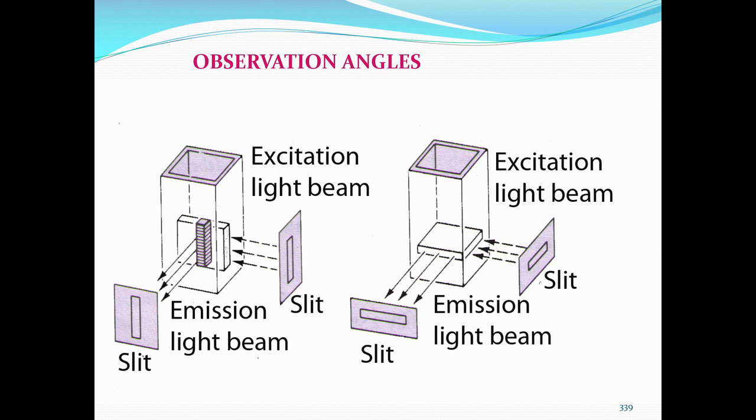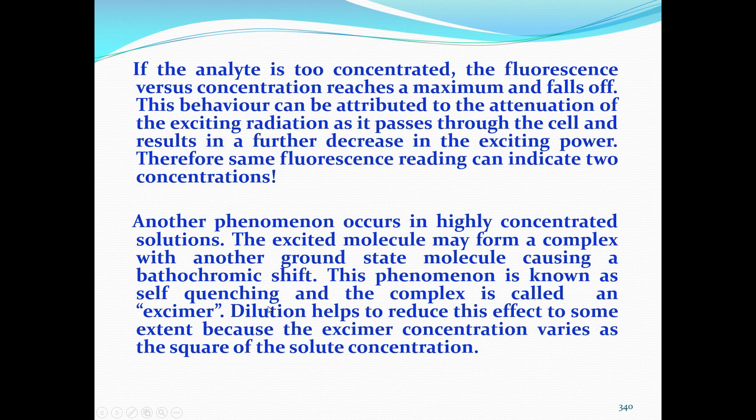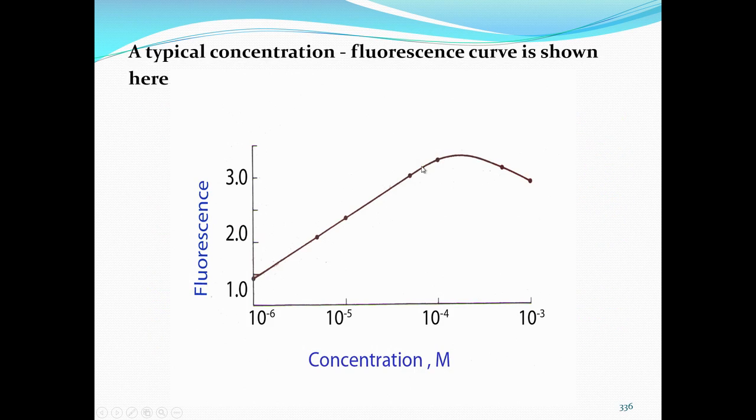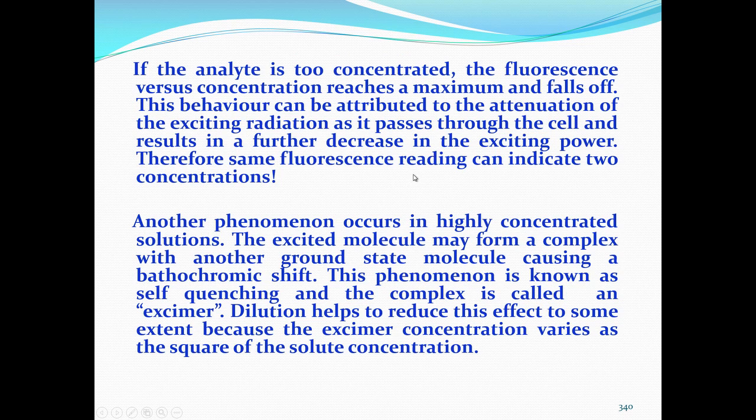I can place a detector at the bottom also, like I was telling you, but if the analyte is too concentrated, the fluorescence versus concentration reaches a maximum and falls off. So, this I have shown you earlier, here it reaches a maximum and falls off, because afterwards there is not enough radiation to reach the molecules.